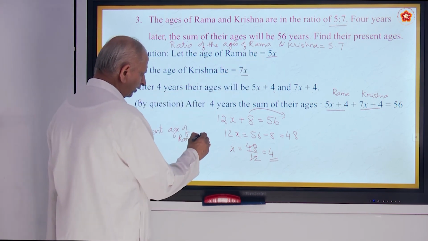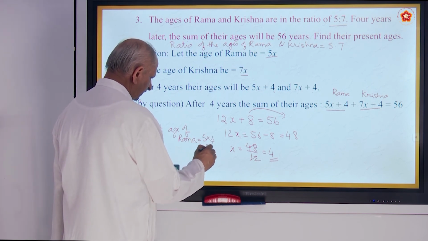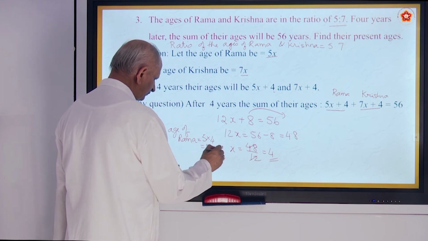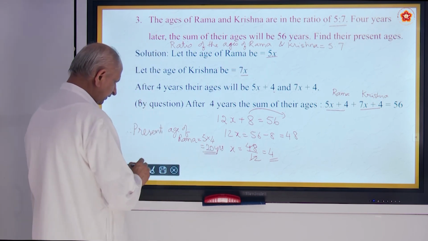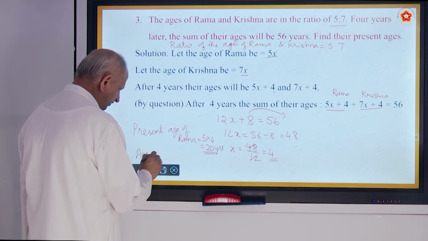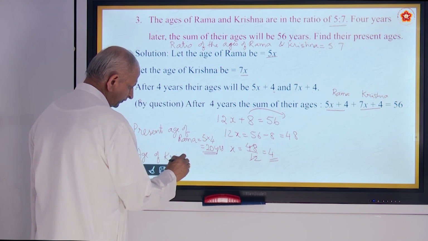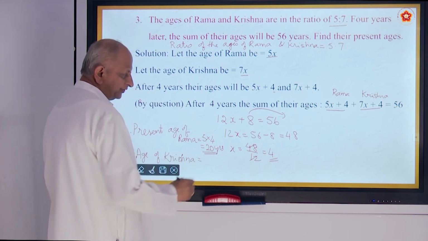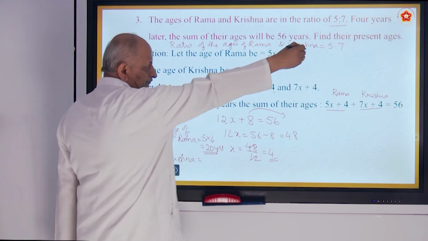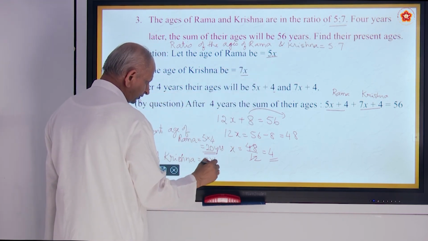So 5 into 4, how much? 20 years. So Rama's age is 20 years. Therefore, the present age of Krishna: how much? 7x. 7x you have taken. So 7 into 4, that is 28.